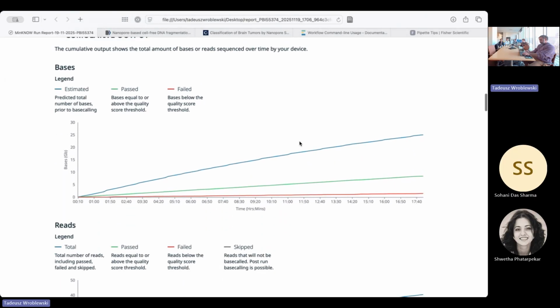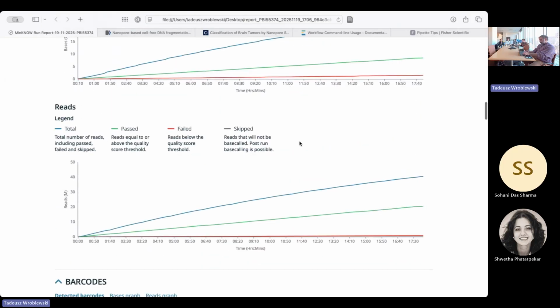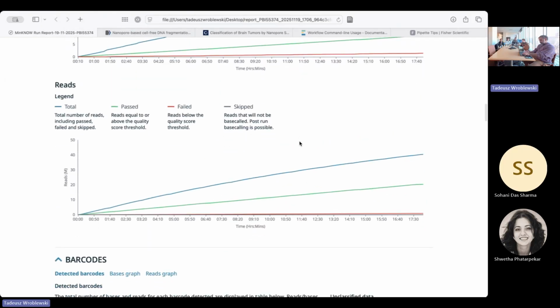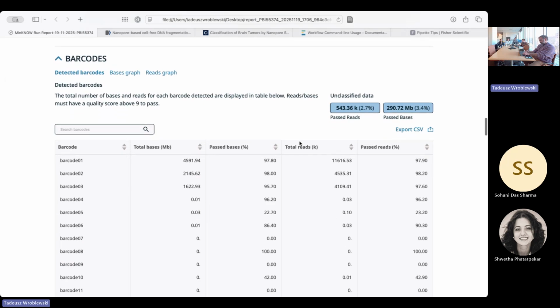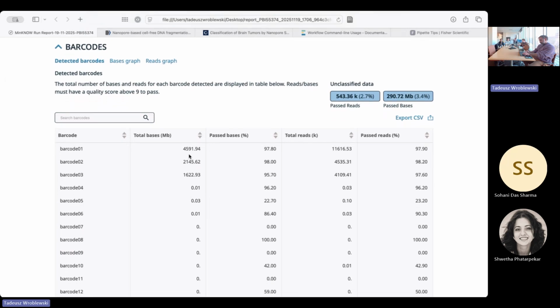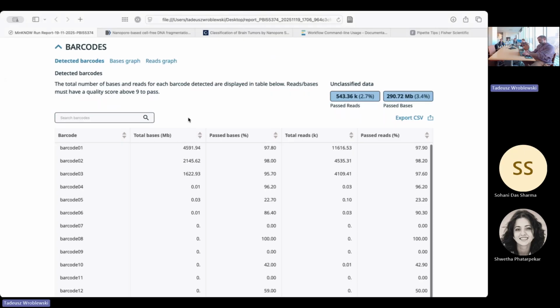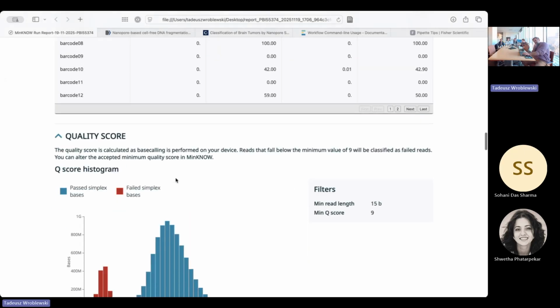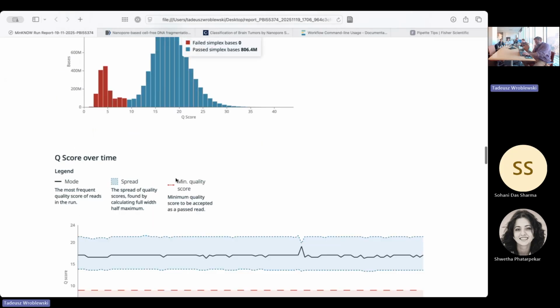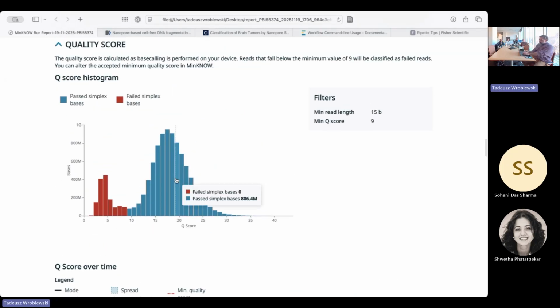Maybe we can skip the reads one. The barcode distribution is also 1 to 3. I think it looks okay. That's how you distributed it, right? Percentage of bases. I think there's a table that also gives that. Also always check how many reads passed versus failed.